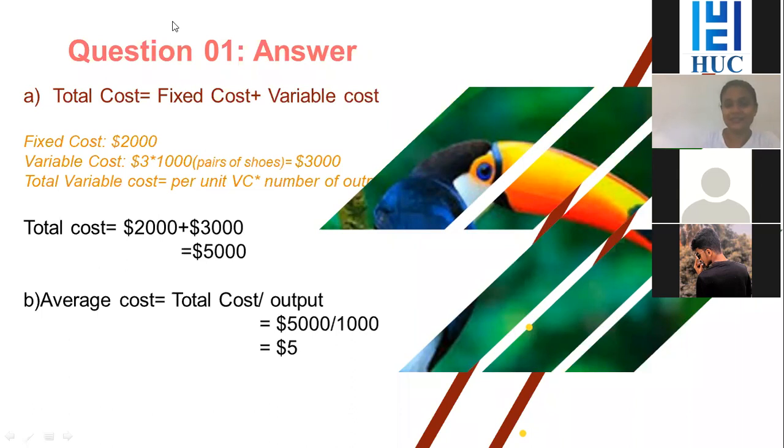The answer is, children, because when we are calculating per unit average cost, we are dividing total cost by output. Total cost එක තමයි අපි divide කරන්නේ. Right? When we are calculating total cost, there are two types: variable cost and fixed cost. මේ දෙකම තියෙනවා මේක ඇතුලේ.